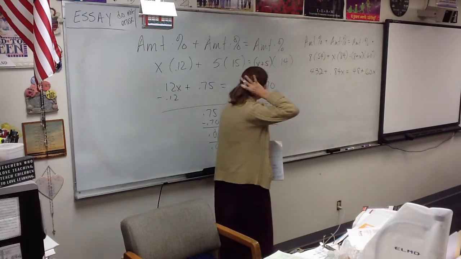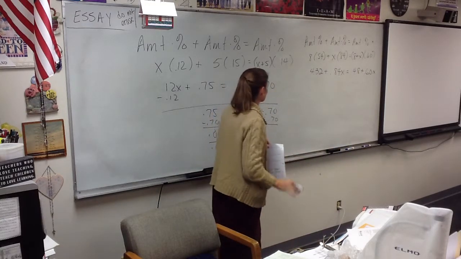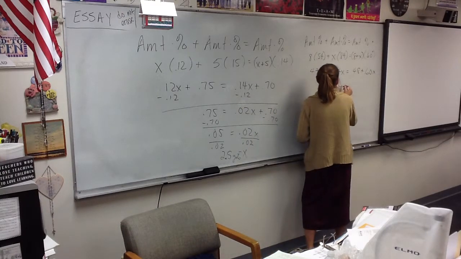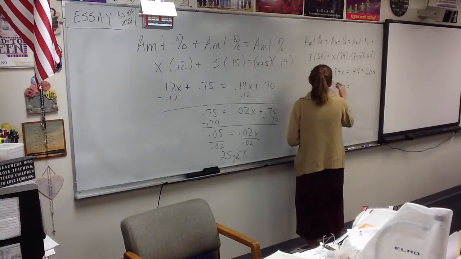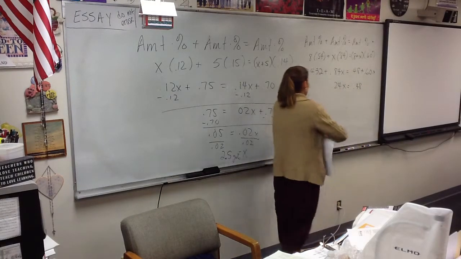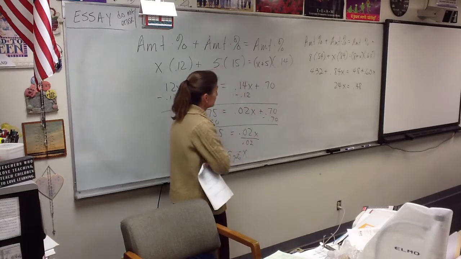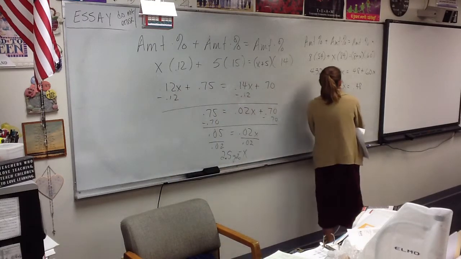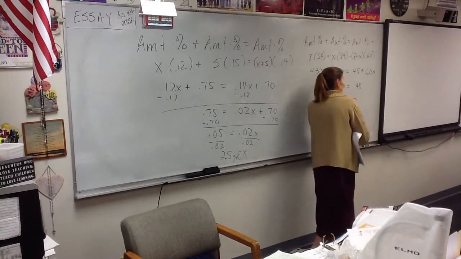Yep. So I'm going to subtract, so I have 0.24x equal to 0.48. Double check my arithmetic. So x equals 2 cups.